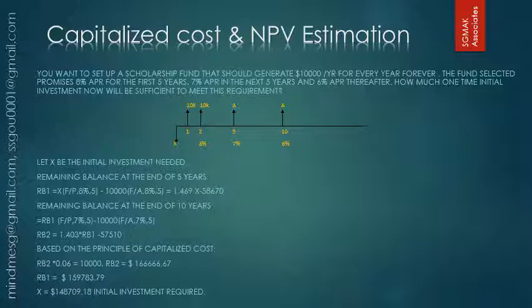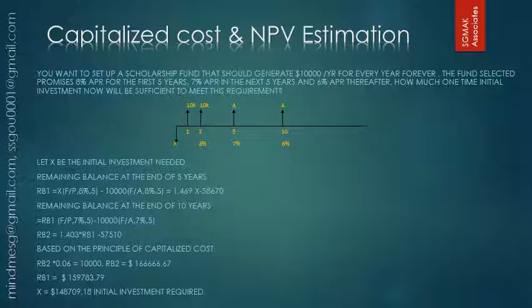You're withdrawing $10,000 every year, 10,000 times F over A, 7% and 5. So that's what you have at the end of year 10, and you got an expression that carries the unknown variable X. So you got RB2 as 1.403 times RB1 minus $57,510.